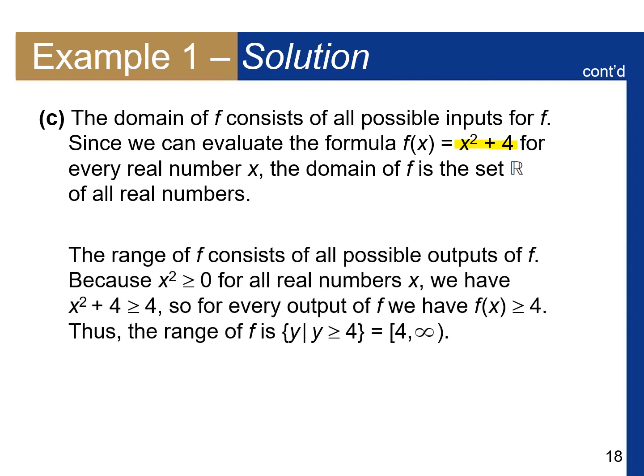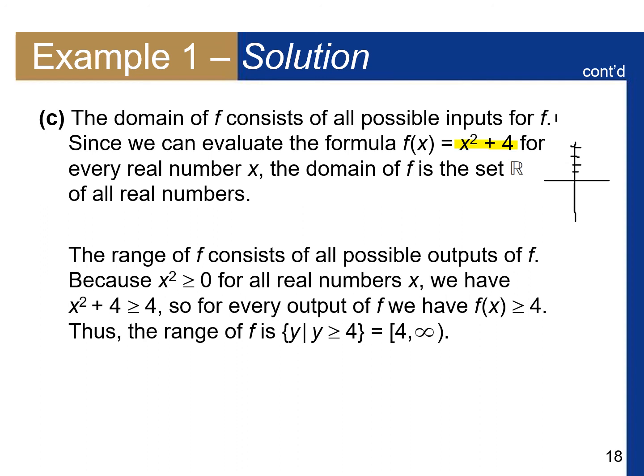The range consists of all possible outputs. Now, for those of you that have done a lot of graphing with quadratics, you may be familiar with what this would look like. For those of you that are not, we're actually going to be looking at that in this section, but for now, it is a parabola that goes up 1, 2, 3, 4.